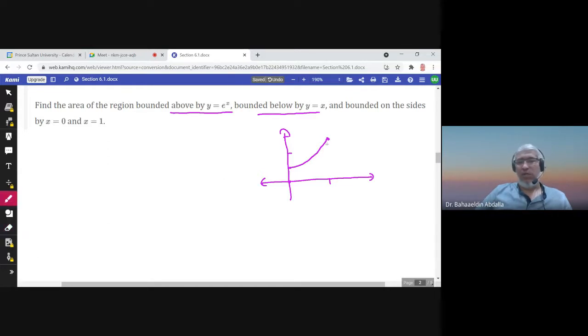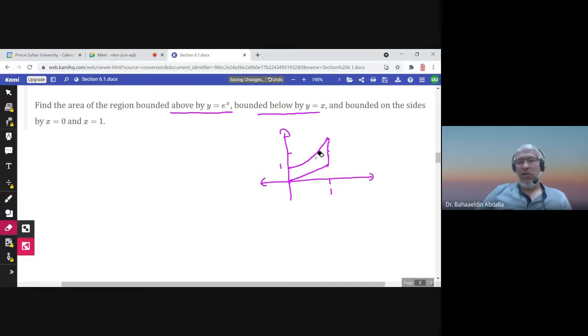This point is not 1, this is 2.7, so 1 and 1. This is 1 and 1, and this is 0, 0. So this is the equation of the line y equals x, because at 1 it is 1. So now we need to find the area of this region.